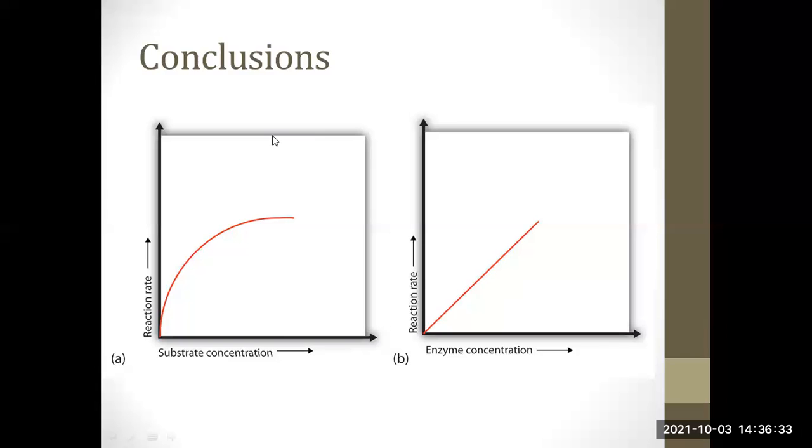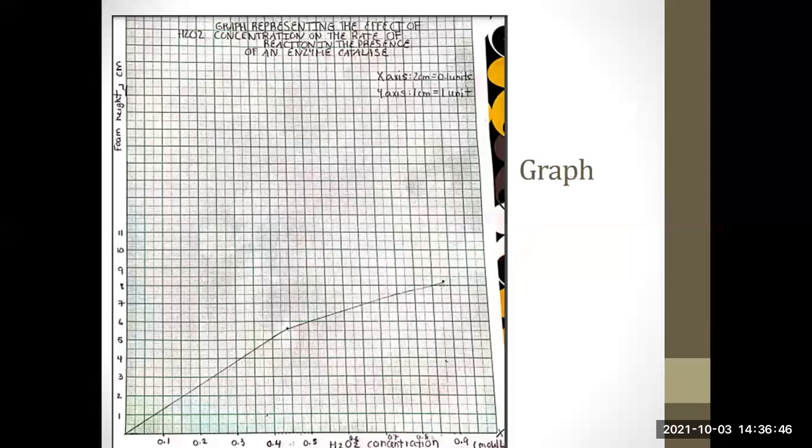Another question that I wanted to answer is, let's say that we wanted to find the hydrogen peroxide concentration for 3, 5, or 7 centimeter foam height. Perhaps we could use this graph and interpolate. Say, let's go from 3 centimeters to here, we would get around 0.245 hydrogen peroxide concentration.